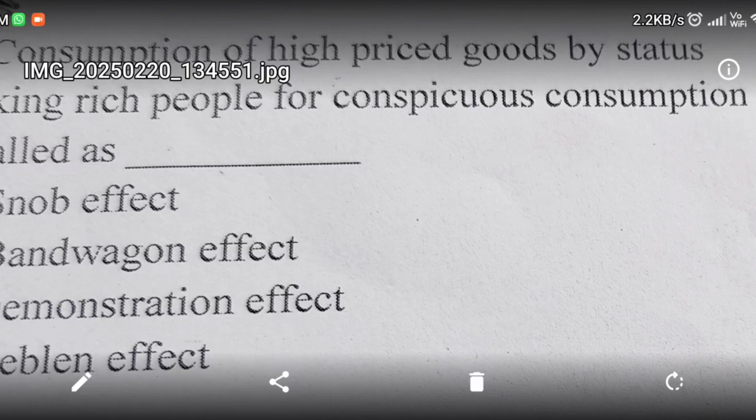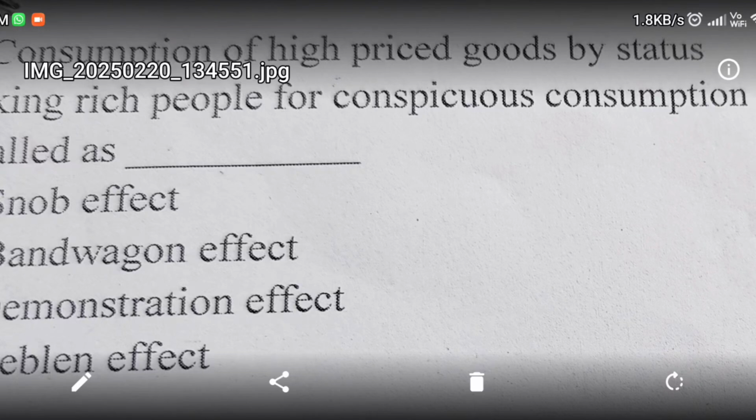This is the January 2025 CA Foundation question paper. Consumption of high-priced goods by status seeking rich people, conspicuous consumption, is called the Veblen effect.